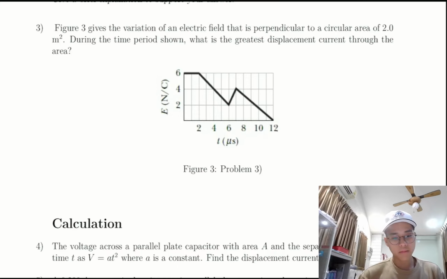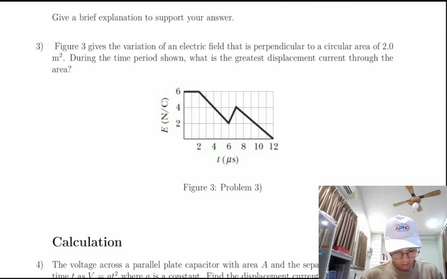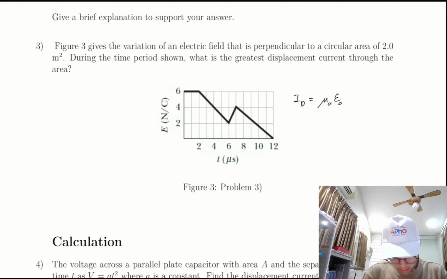Next, I choose the third question. It asks, what is the greatest displacement current through the area during the given time period? As I previously mentioned, the value of displacement current is mu 0 epsilon 0 dΦ by dt.